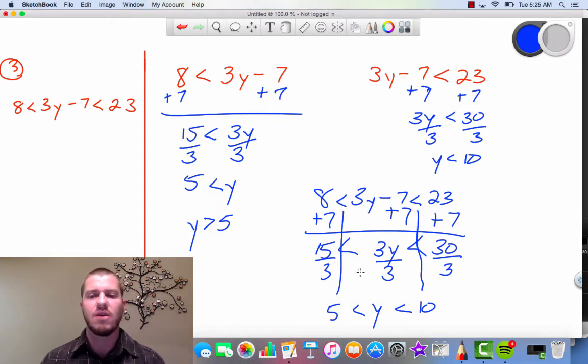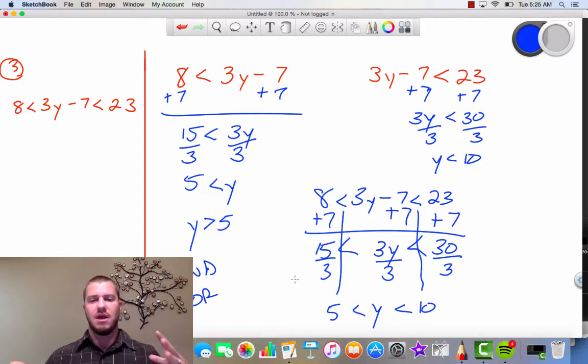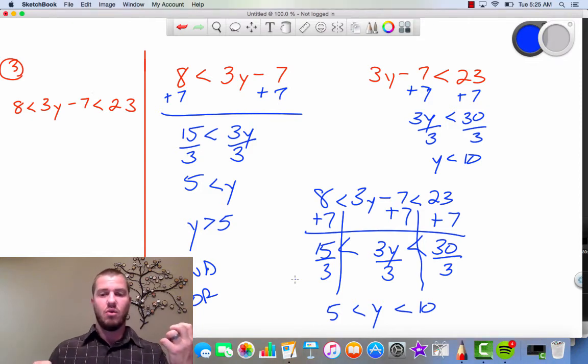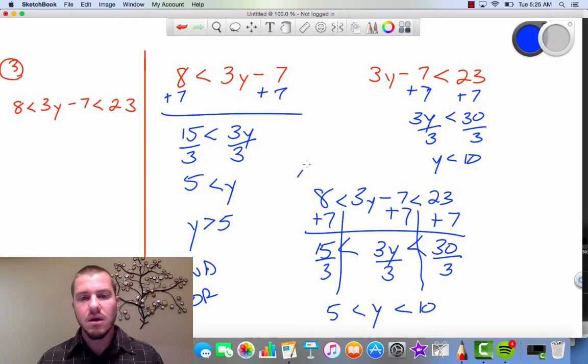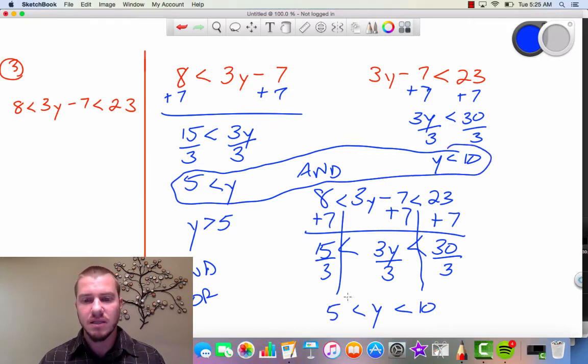With these compound inequalities, it's either going to be and or it's going to be or. Okay? So this is an and problem because it's between these two numbers. It's y is greater than 5 and y is less than 10. So it can be written like this, but it can also be written like this.